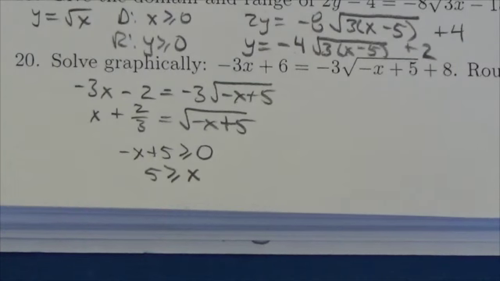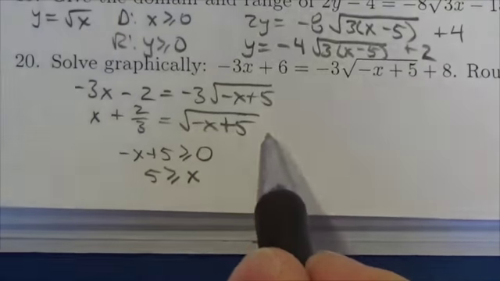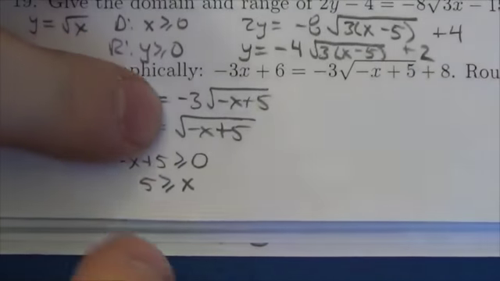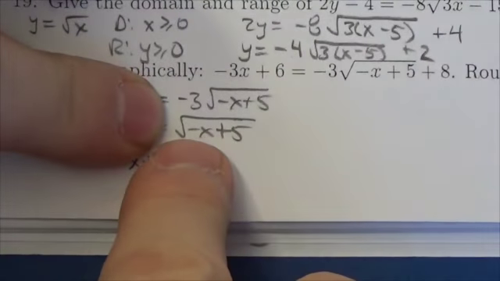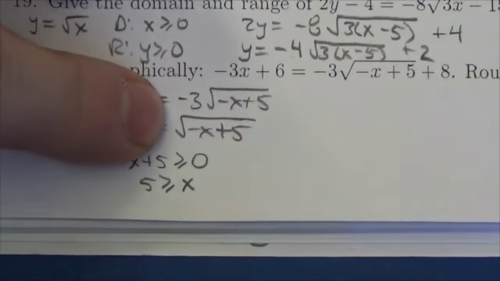But there is another restriction here, something that I want you all to consider here. And it has to do, interestingly enough, with the range of a radical. Now I've isolated the radical. A radical can only produce a positive number.